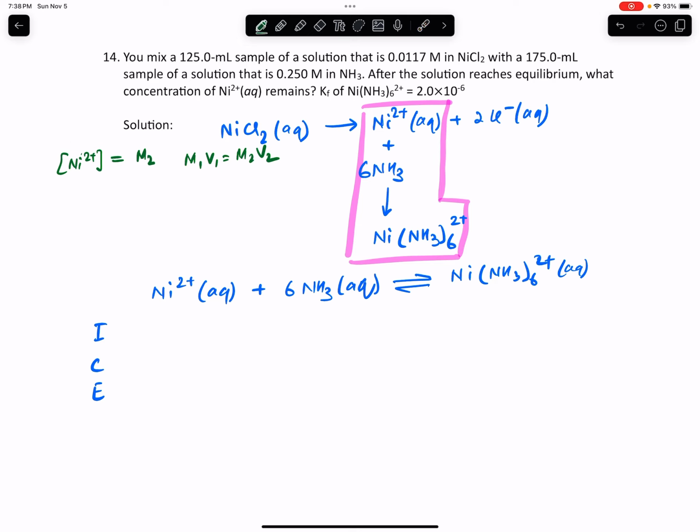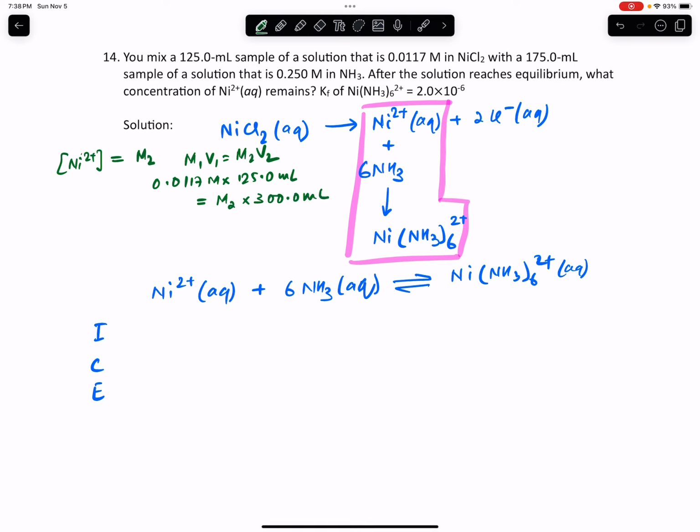The initial molarity is 0.0117 molar, and the volume is 125.0 ml, and that is equal to the final molarity, M2, times V2, the final volume, which is 125 ml plus 175 ml, so 300 ml.